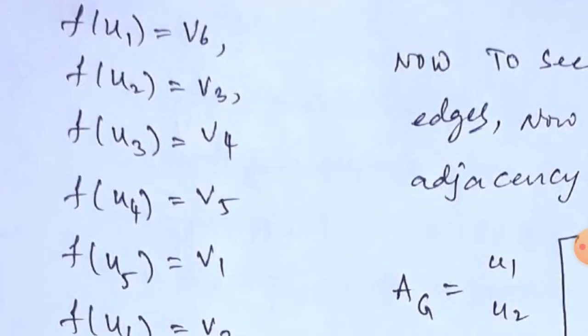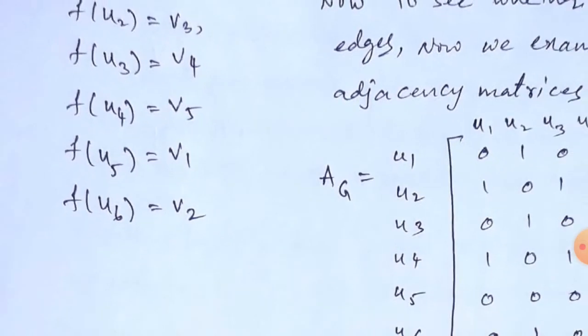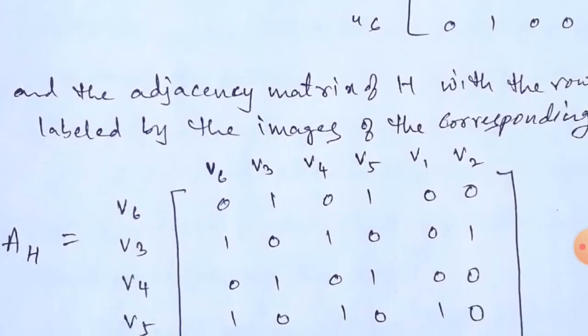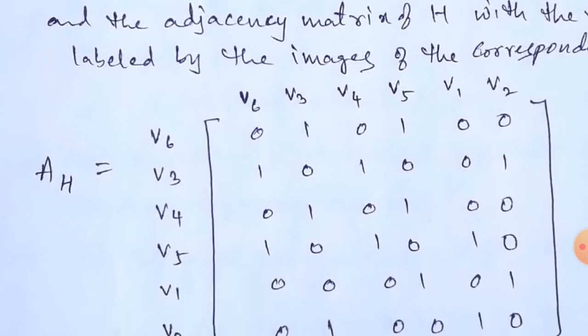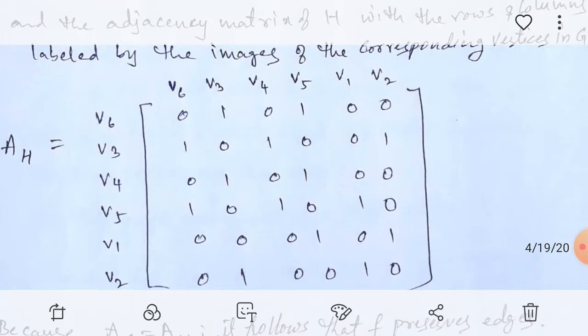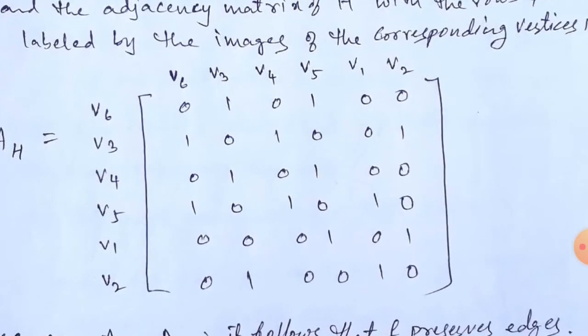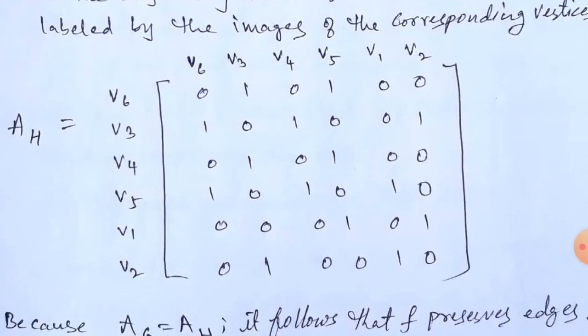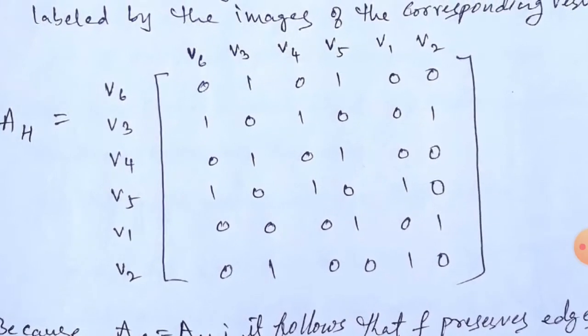Now U1 matching V6, U2 V3, now V6 V3 V4 V5 V1 V2, the same order you have to take here. Observe this order for H, not V1 V2 V3 V4 V5 V6. Observe the order V6 V3 V4 V5 V1 V2 rows and as well as in columns.